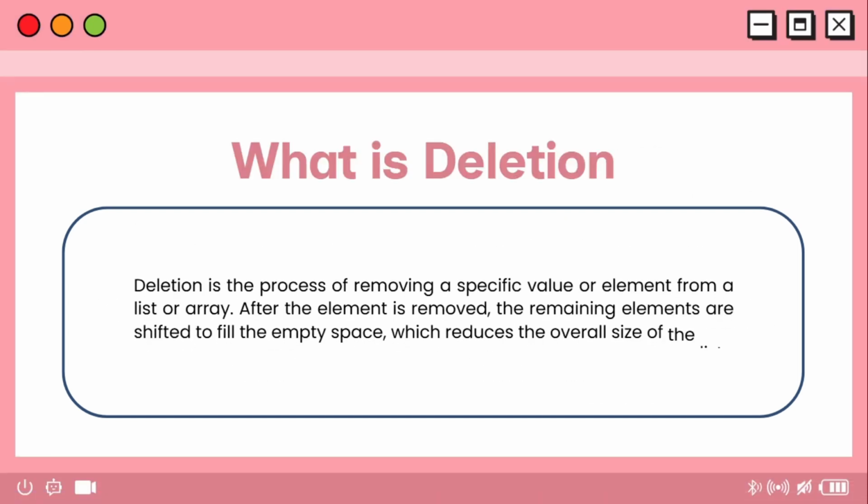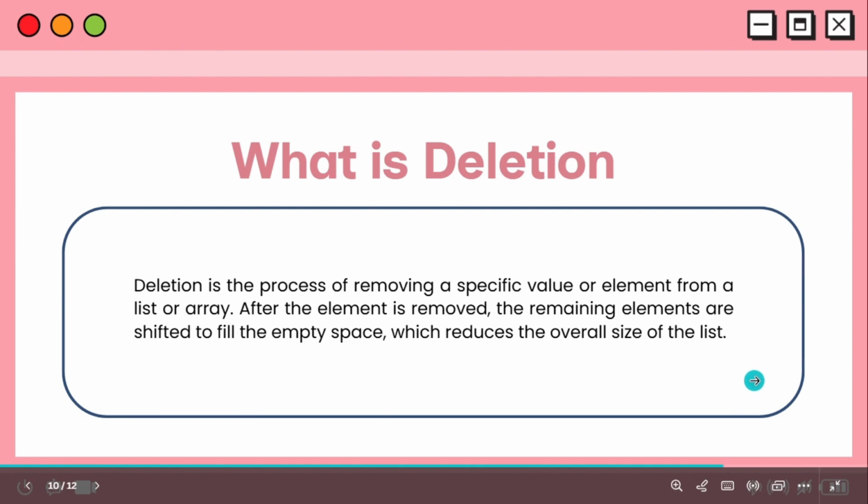Next is deletion. Deletion is the process of removing a specific value or element from a list or array. After the element is removed, the remaining elements are shifted to fill the space, which reduces the overall size of the list.